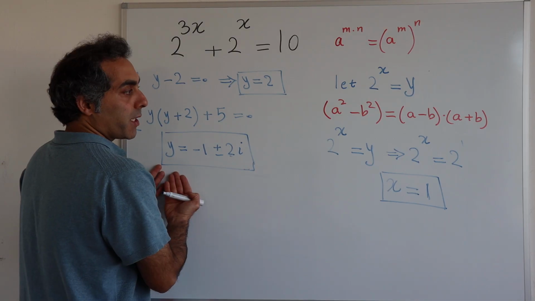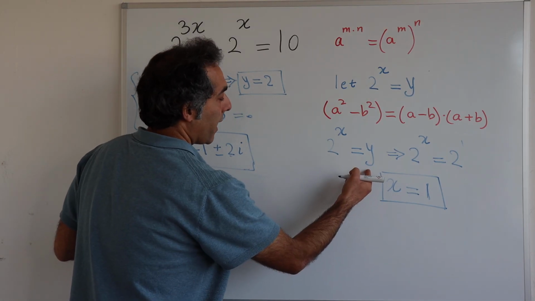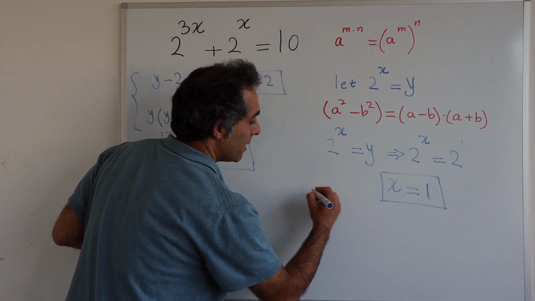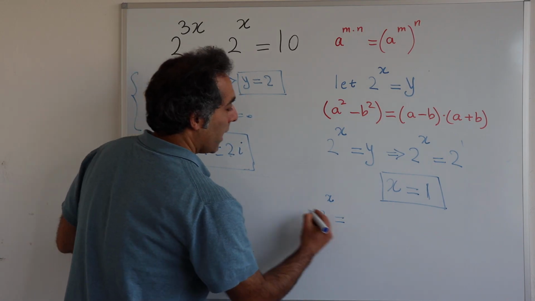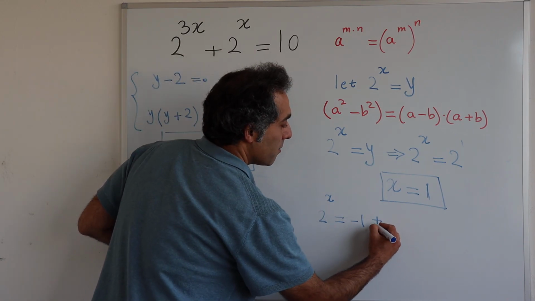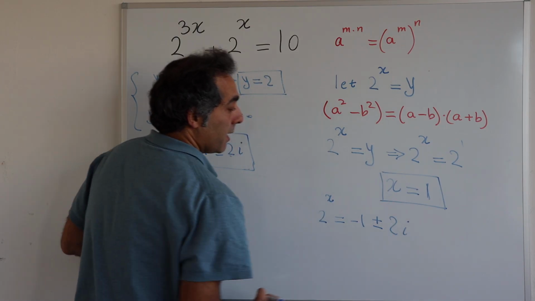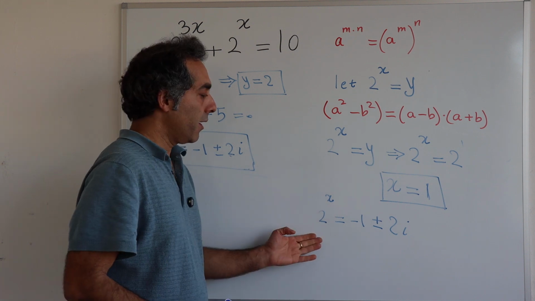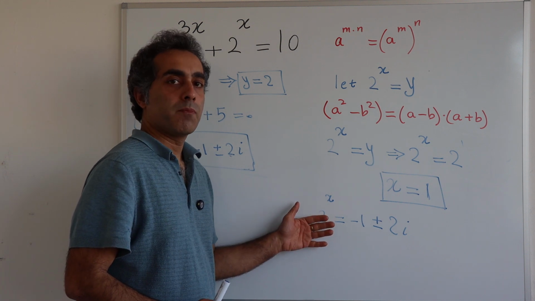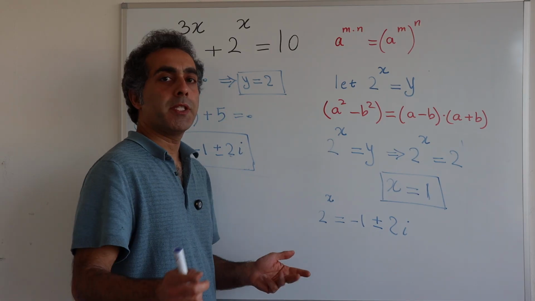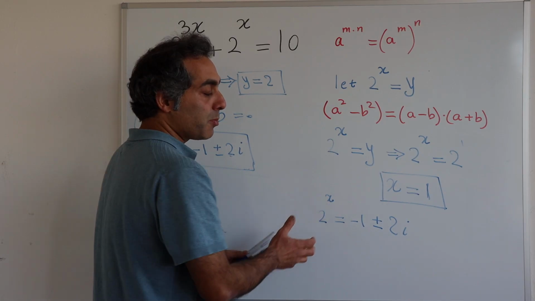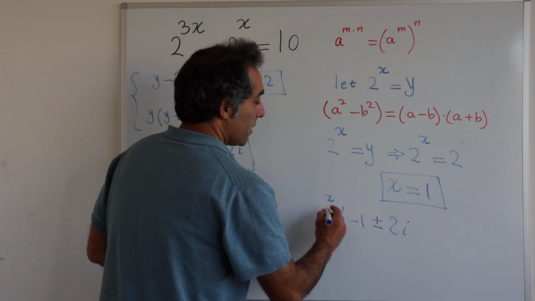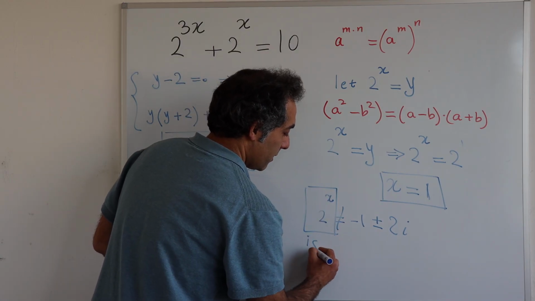But for the imaginary numbers, okay, I again replace the imaginary here. 2 to the power of x equals minus 1 plus minus 2i. Never. When the base is real and the power is real, this expression is always real, so it never equals the imaginary numbers.